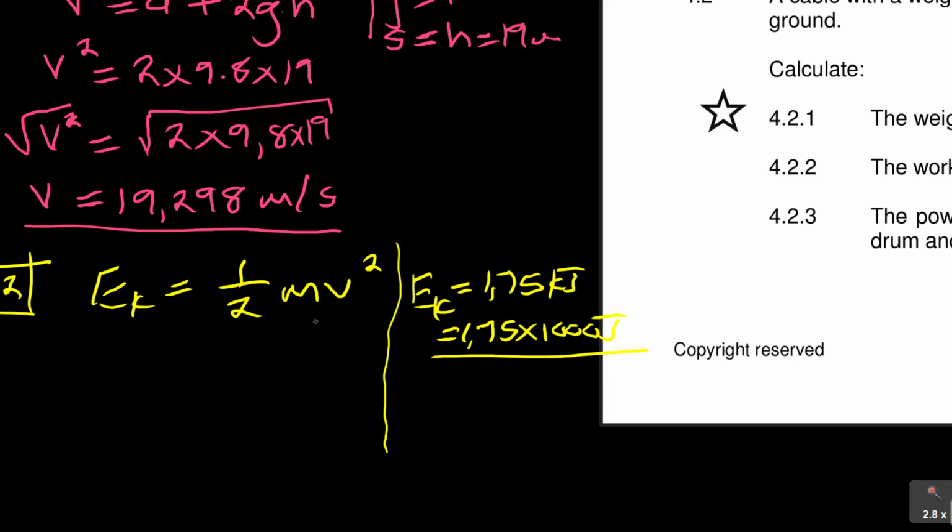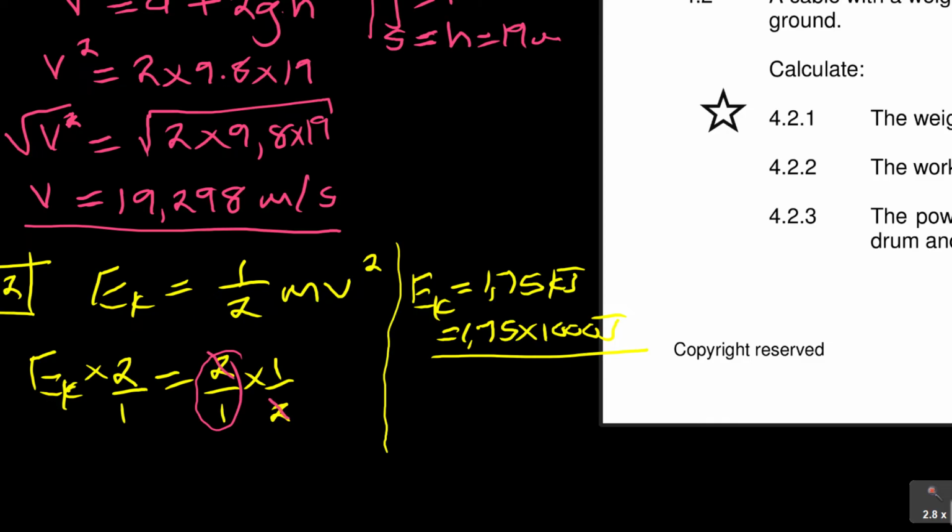But now, since we are looking for m, we can make m the subject of the formula. If you want to make m the subject, we start with EK first, because it's easier to simplify like that. So you multiply by 2 over 1, which is 2 over 1 times 1 over 2. We are multiplying by the inverse, but what you do on the left, you do on the right, so that this can cancel.